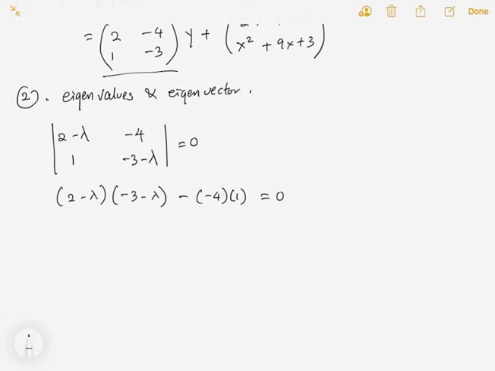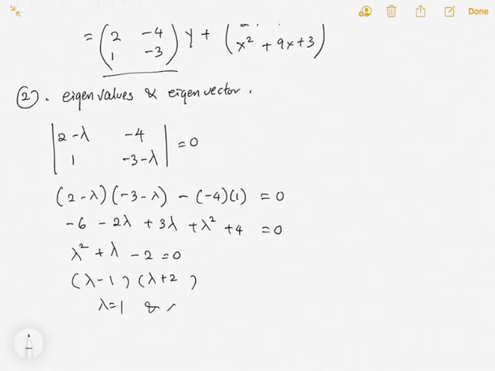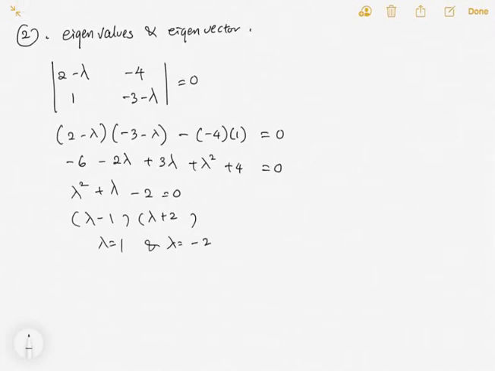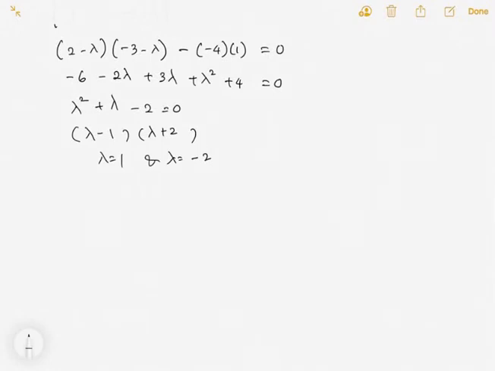Multiplying in, you have -6 minus 2 lambda plus 3 lambda plus lambda squared plus 4 equals 0. When you simplify, you have lambda squared plus lambda minus 2 equals 0. After you factorize, you get lambda equal to 1 and lambda equal to -2. This is the eigenvalue. You need to find the eigenvector again.